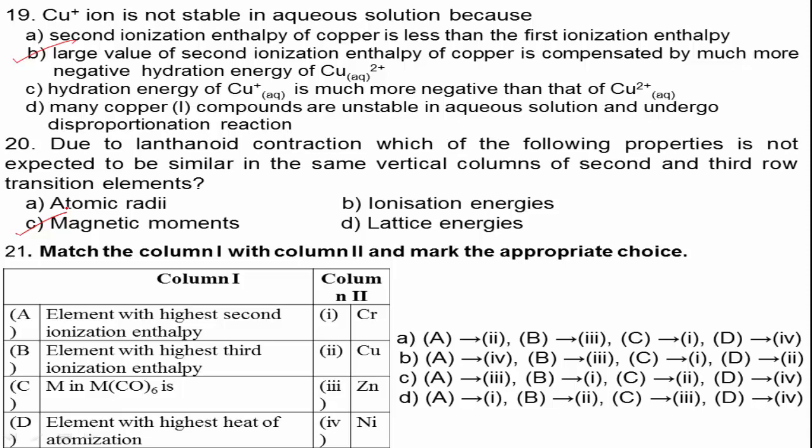Students, see here, in the examples given, Cr means chromium. Its electronic configuration is argon 3d5 4s1.